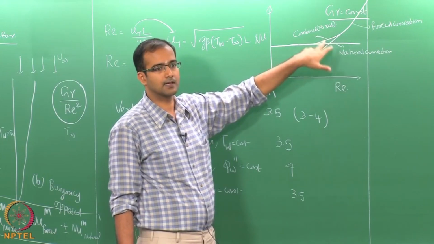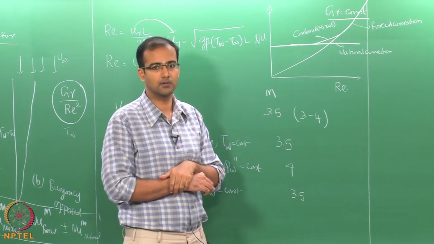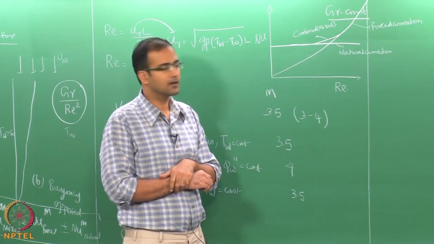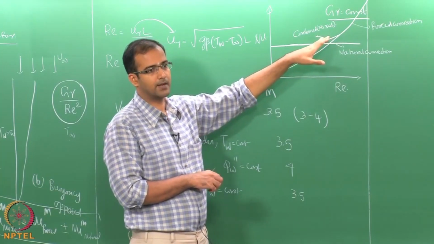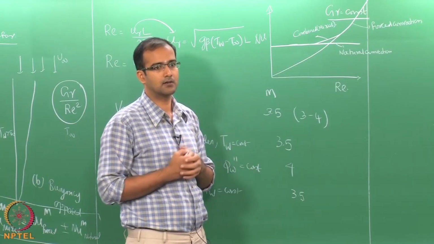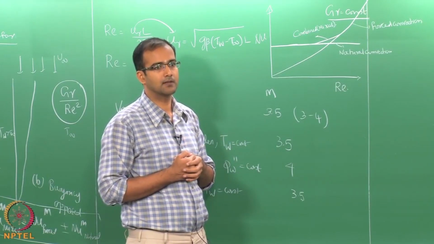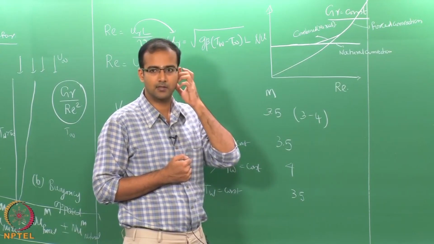So, your Nusselt number values will be transitioning smoothly from the natural to the forced convection. Is that okay? So, this is a more realistic case. In many applications you can have both forced and natural convection to be equally significant, and we cannot therefore neglect the effect of mixed convection in those cases.